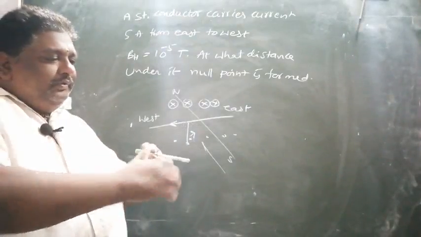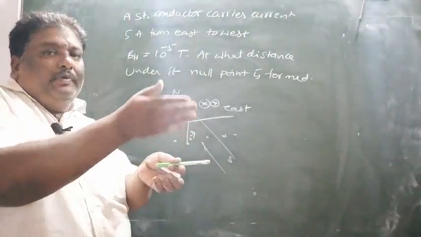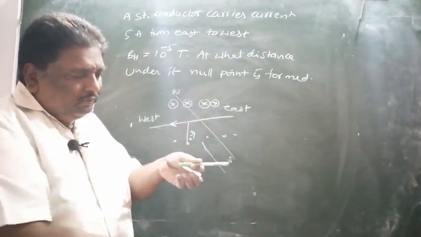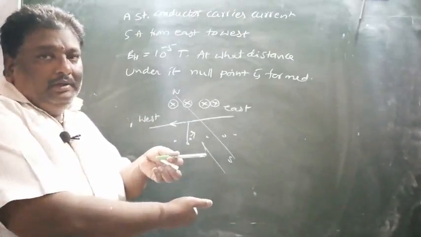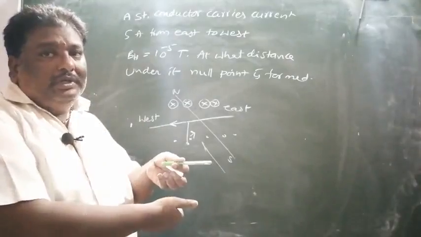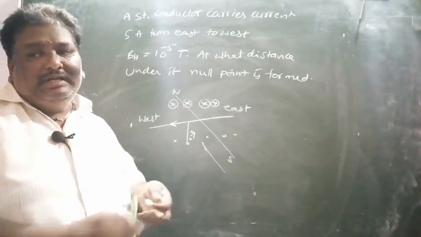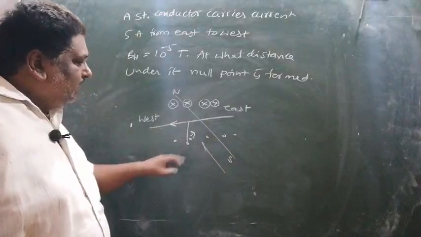Here you hold like this. The magnetic field goes up and comes down like this. But the earth's magnetic field goes like this. So the magnetic field due to the straight wire and the earth's magnetic field clash in opposite directions. Net is equal to 0. That point is called the null point.